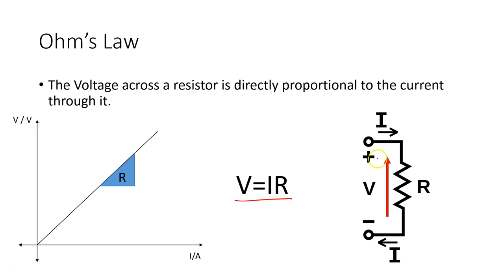At the positive terminal we have a higher potential than at the negative terminal. So the voltage arrow points to the higher potential, and since the higher potential drives current to the lower potential, the current goes in the opposite direction. So that very simply is Ohm's law.